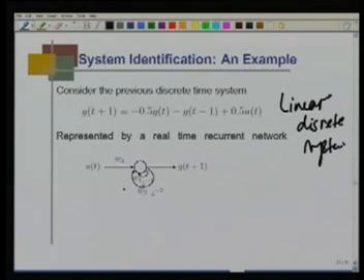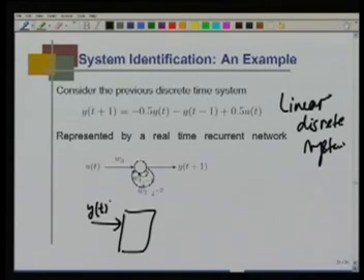We have already explained. In a feed forward network, this will be y t from the system, u t, this is y t minus 1, and one more is u t.